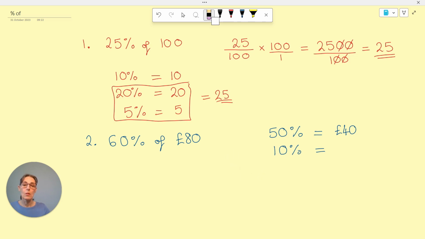Okay, so 10% of £80 is £8. So 50% plus 10% is 60%. £40 plus £8 is £48. So this is equal to £48.